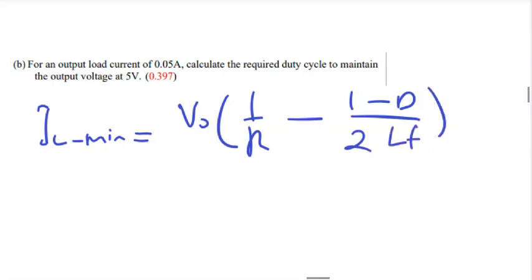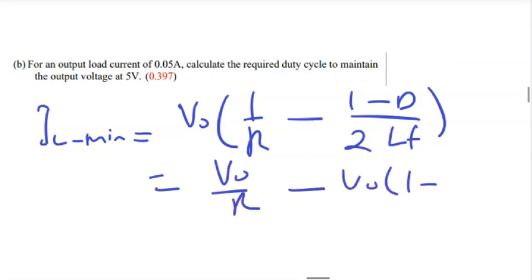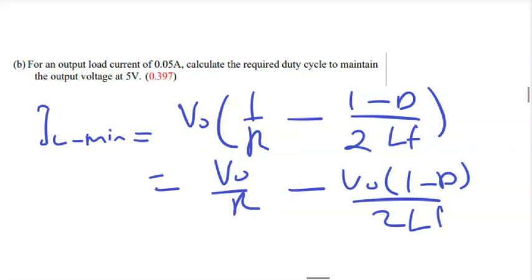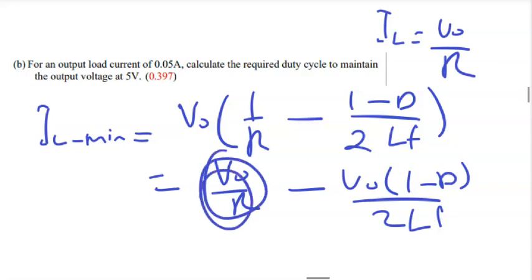Or V out over R minus V out times 1 minus D divided by 2 LF. So this is our average output of load current. Remember, IL equal to V out over R, and this is your average load current.